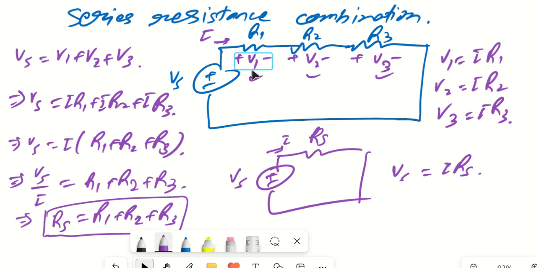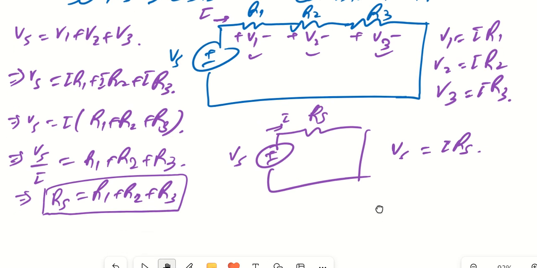What is the voltage across V1 in terms of only resistances and the input voltage, because we do not know I. You already know that I is nothing but Vs by Rs, and Rs is a combination of these. So it becomes very easy to find that my V1 is going to be I into R1, and I is the input voltage by R1 plus R2 plus R3.